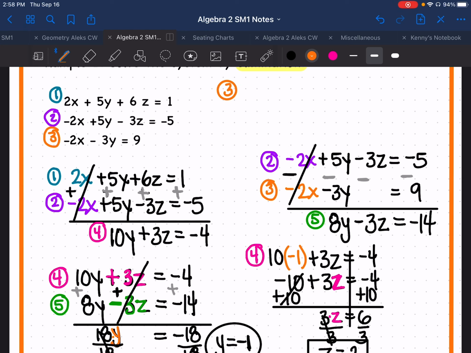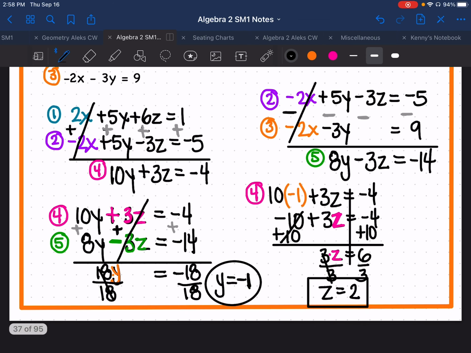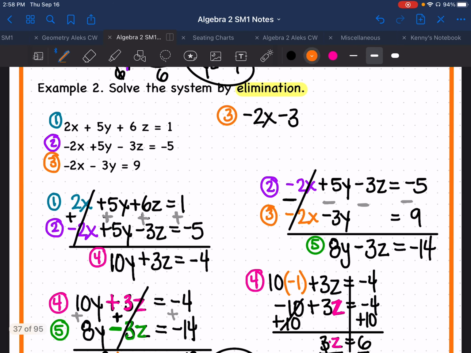So I'm going to go to equation number 3, and I'm going to plug in my y value. What was my y value? -1. All right, so that would give me -2x plus 3. Look, it's -3 times -1, which is a -3. The double negatives are going to become a positive, equals 9.